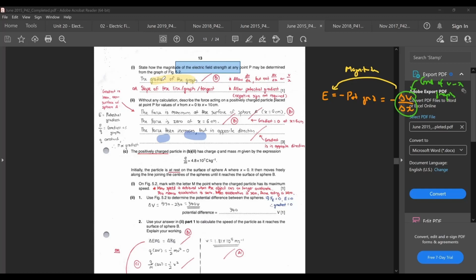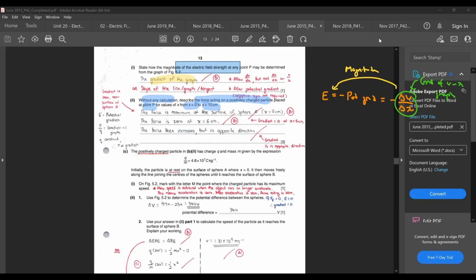Now if you move on to part 2, in part 2, without any calculation, describe the force acting on a positively charged particle placed at point P for values of x from 0 to 10 centimeter.